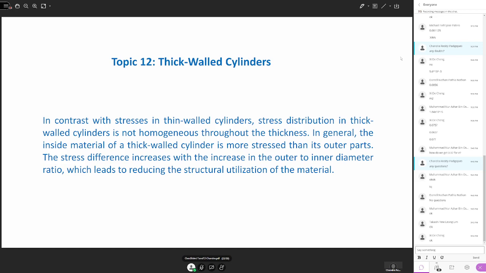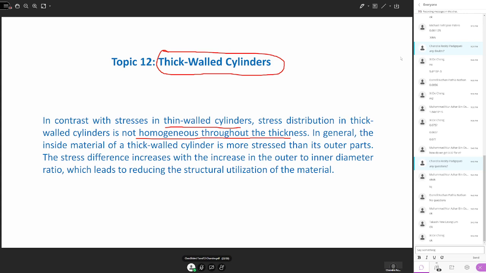So the last topic is about thick wall cylinders. In the last term, we studied thin wall cylinders. Now we study thick wall cylinders. Compared to thin wall cylinders, in thick wall cylinders the stress is not homogeneous throughout the thickness.